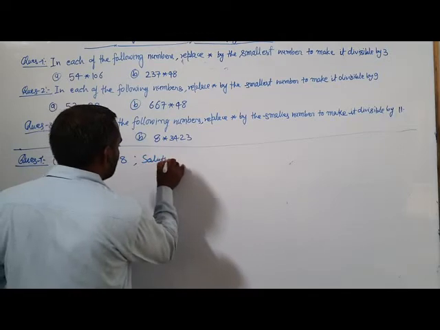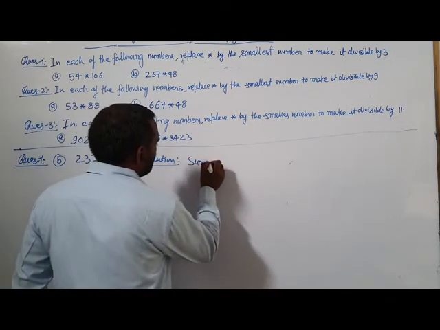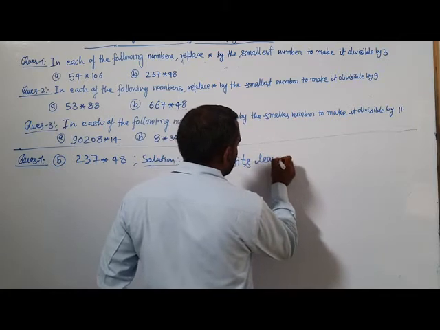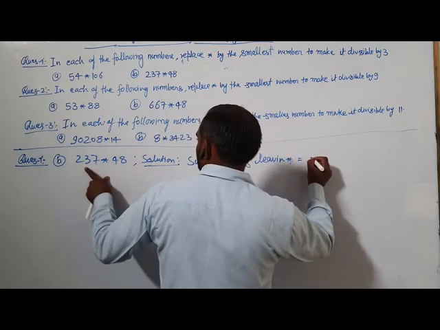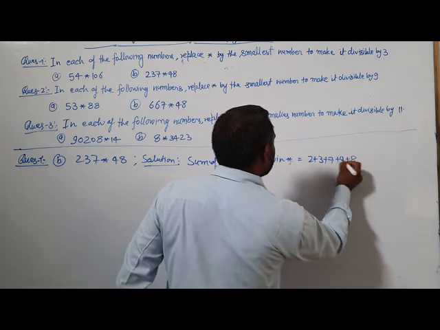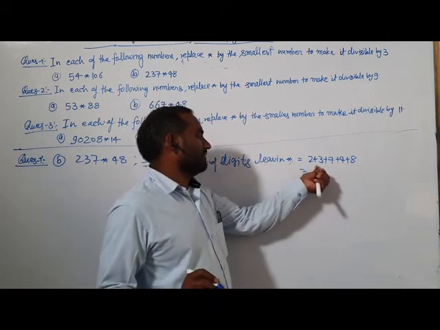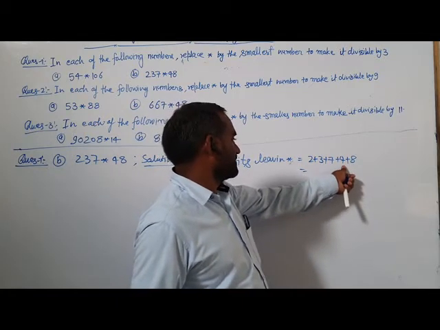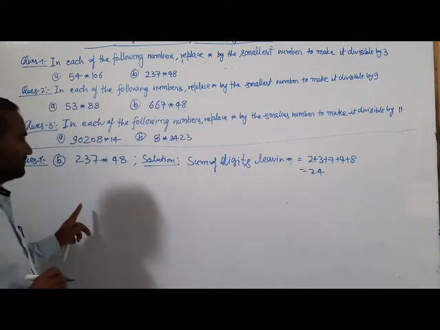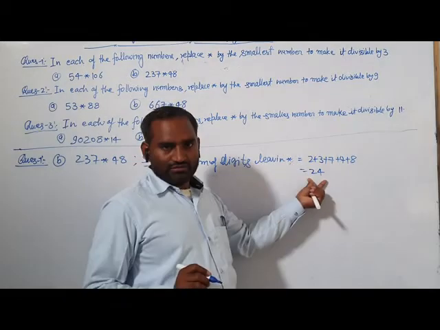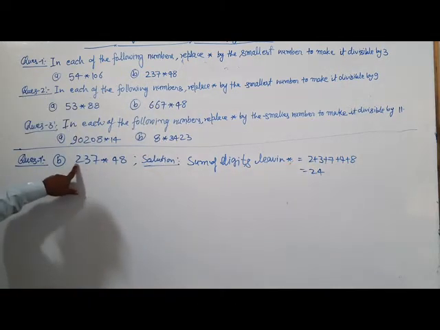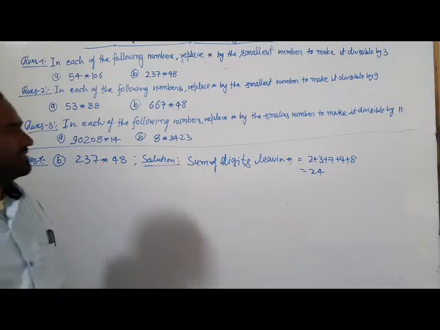Solution: sum of digits leaving star is equal to 2 plus 3 plus 7 plus 4 plus 8. 2 3 are 5, 5 7 are 12, 12 4 are 16, 16 8 are 24. 24 is divisible by 3.